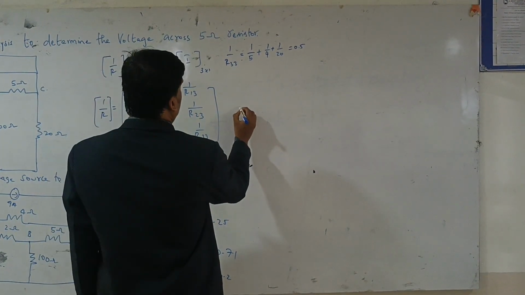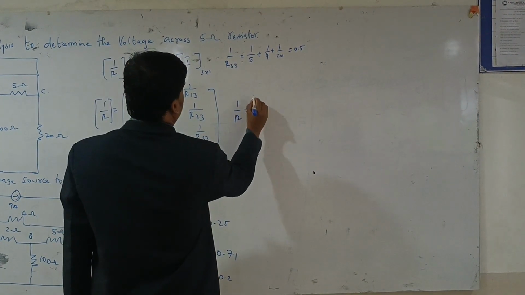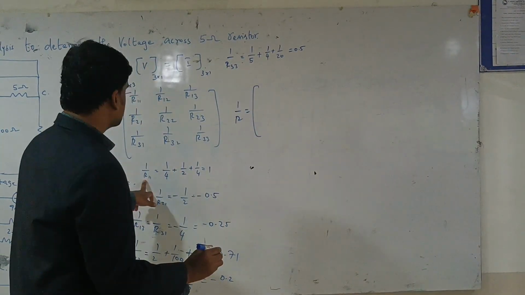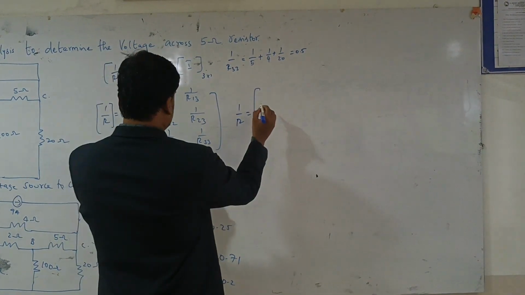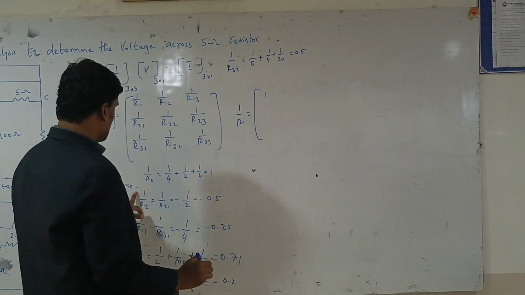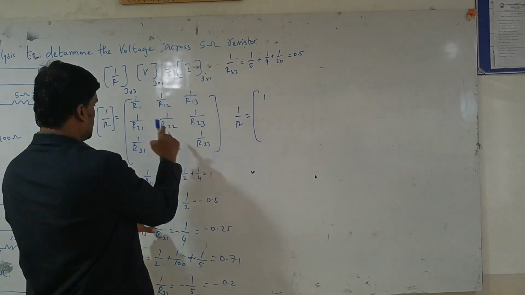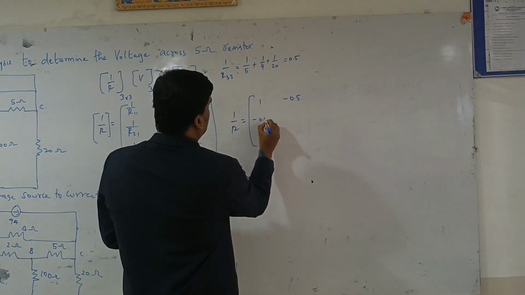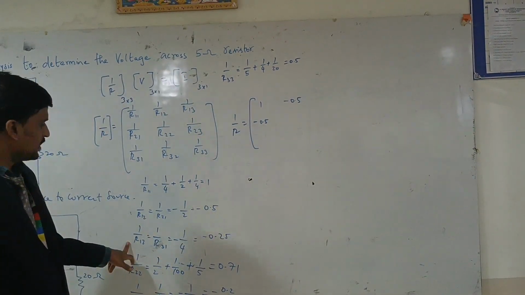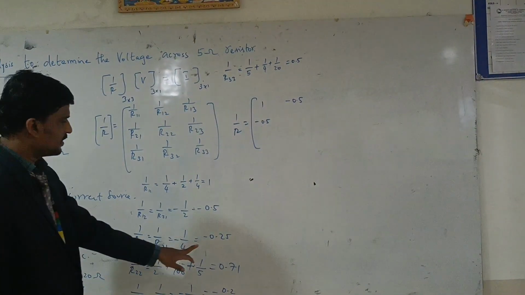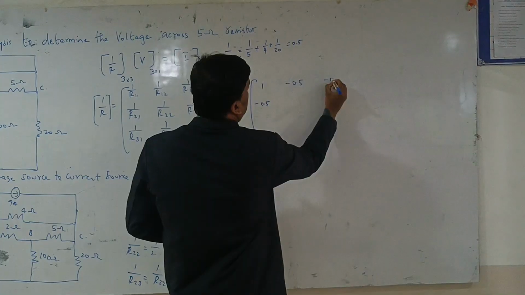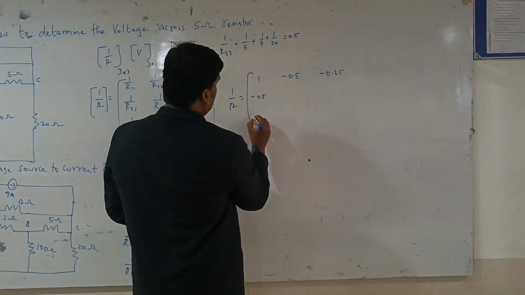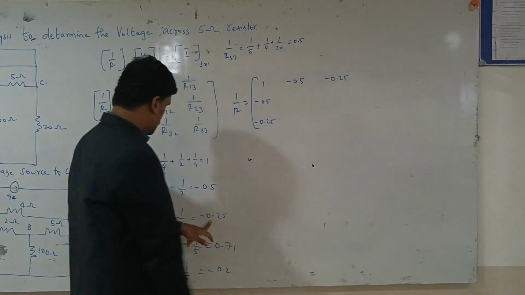So you can directly write here 1 by R is equal to: R11 value is 1, and 1 by R12 and R21 which is minus 0.5, minus 0.5. And next R13 and R31 is minus 0.25, and here also it is minus 0.25.